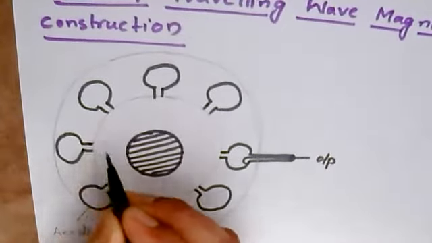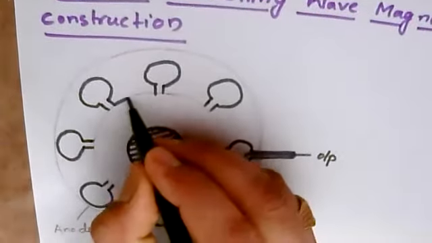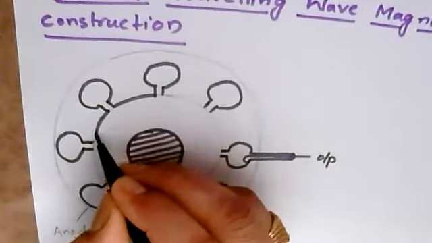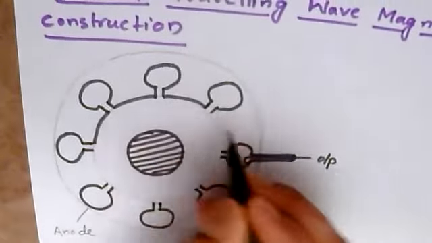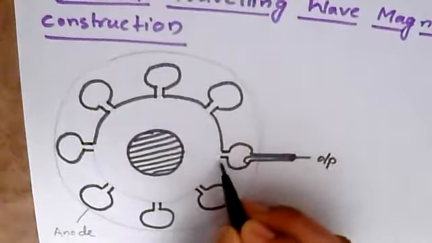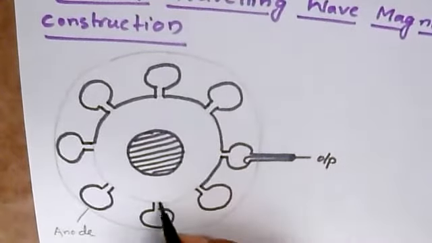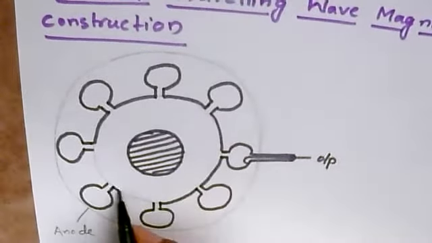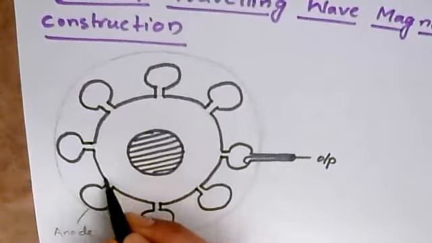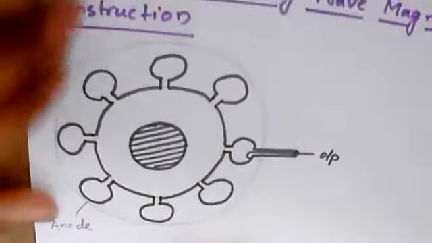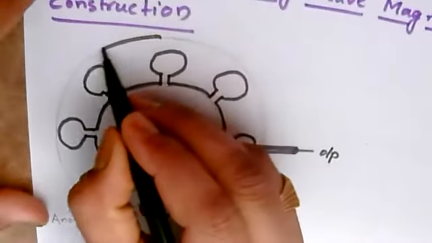I'll be giving a clear explanation regarding this. Now you can observe that this is the way to draw the anode and cathode of a magnetron. Now the complete anode I'm drawing over here.